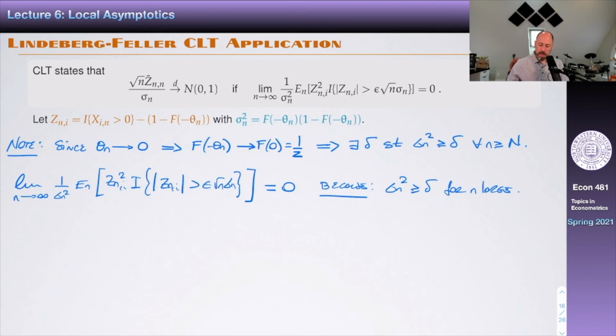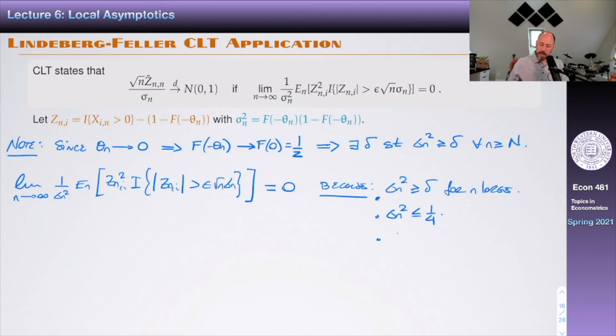So this denominator here doesn't bother us, because sigma n squared is less than or equal to 1/4. Okay. So it's not too big, which doesn't complicate this term over here.